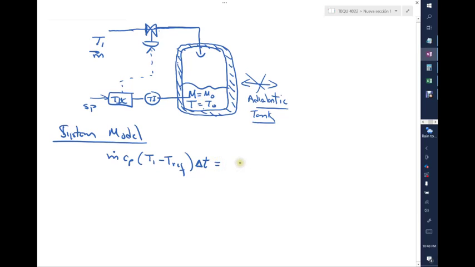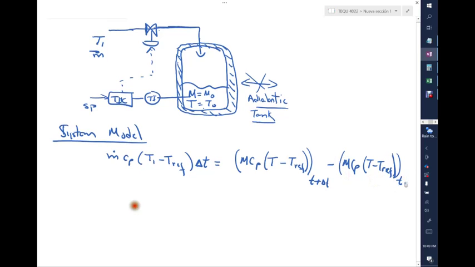So that means that we're going to have an mCp. The inside temperature also needs a reference, so T minus T reference, and all this term is measured at t plus delta t, minus mCp (T minus T reference), but this term has to be measured at time t.